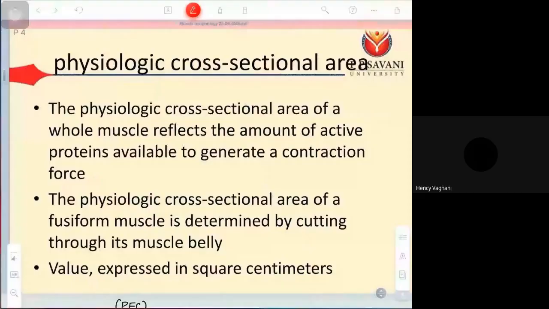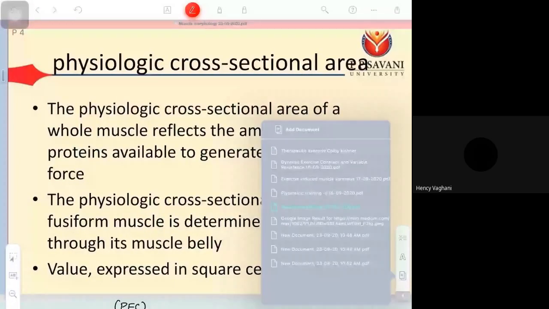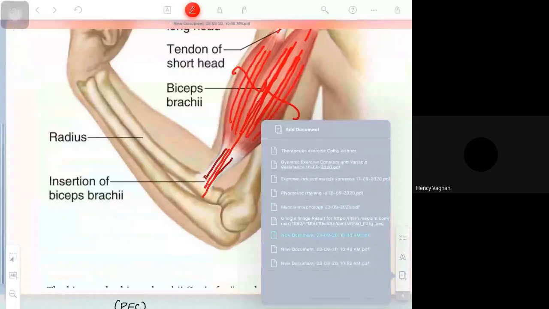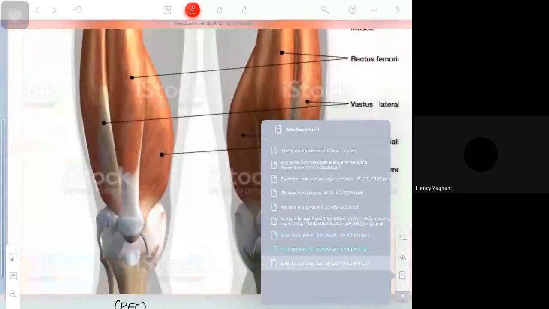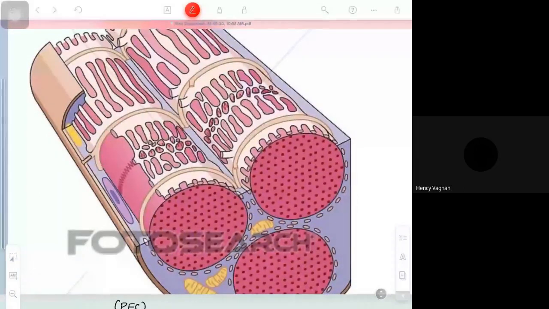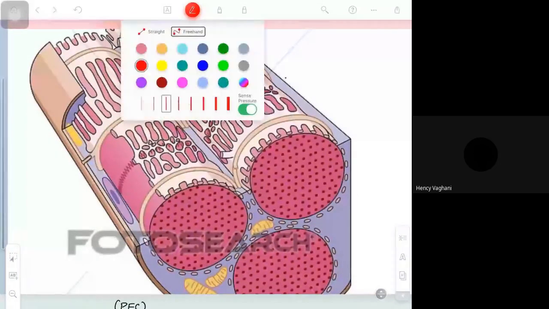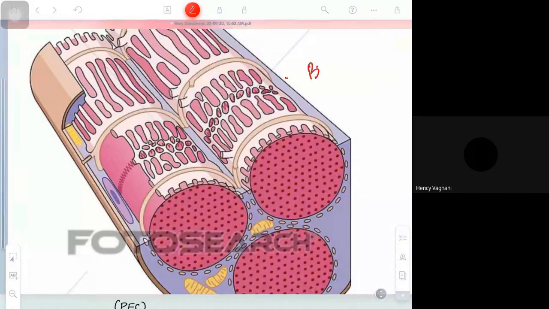One muscle, this is the cross-section. If you take a biceps muscle, the cross-section is large.